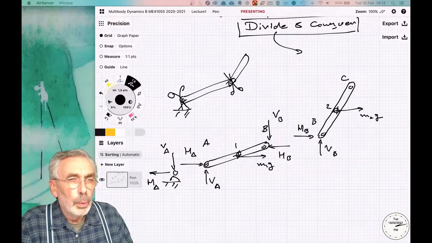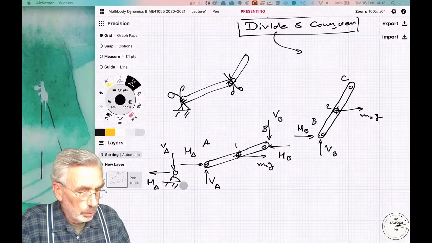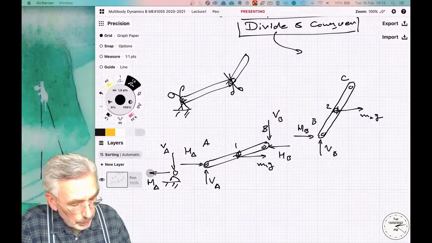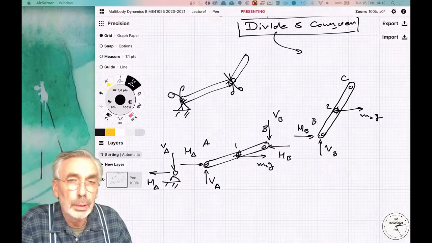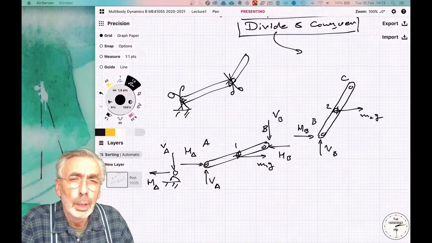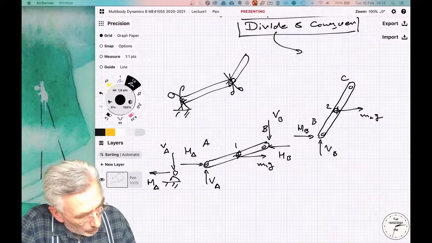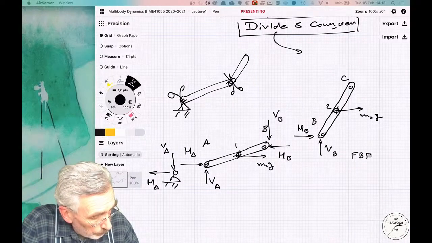Now, without talking about it, I applied already a Newtonian law here, because action equals reaction. And likewise here, action equals reaction. The two forces are equal in magnitude, but opposite in direction. Okay, so this is now a free body diagram.